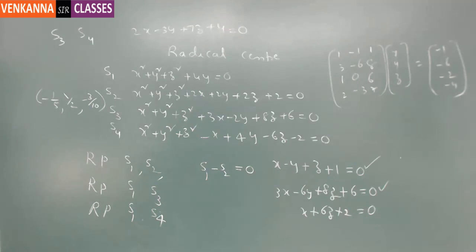Or you can do the substitution method also. So from the first equation, x is equal to y minus z minus 1. So you substitute y minus z minus 1 in the remaining two equations so that you can calculate the point. So you will have equations in y and z terms only. By solving them, you will get the values. That also you can do. The simple reduction.